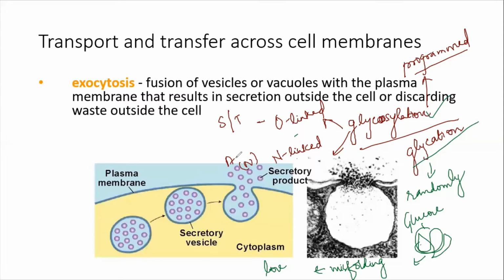Whatever the albumin proteins or other serum proteins are there, it's not only albumin, many other proteins are there. We have got the platelet derived factors also, right? If all these proteins are getting glycated by the glucose, all of them are undergoing misfolding and loss of function, right? Eventually what is happening? And that's why whenever any wound is there, there is no healing.